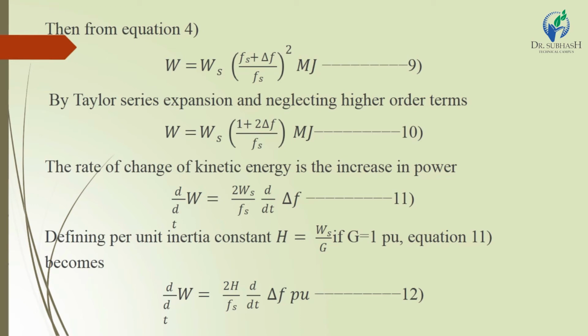The rate of change of kinetic energy is the increase in the power, so d/dt W = 2 Ws Δf/fs into d/dt of angle Δδ. Defining the per unit inertia constant H = Ws/G, where G = 1 pu, this is equation number 11. It becomes d/dt W = 2H/fs into d/dt Δf in pu, equation number 12.